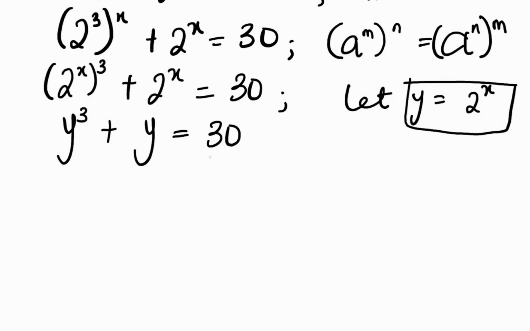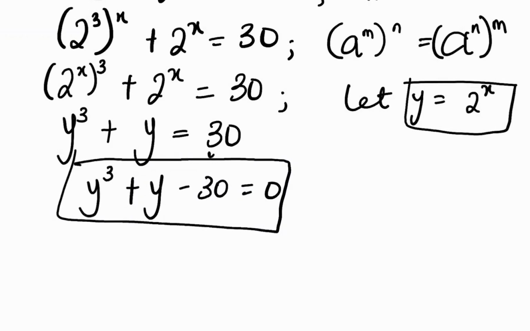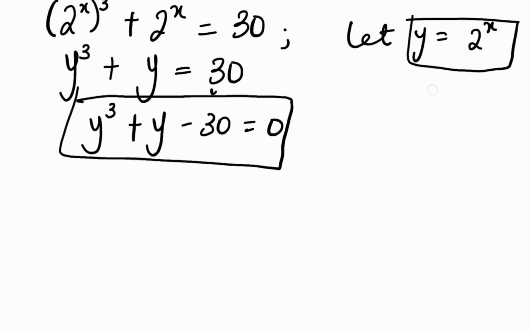So we can simply subtract 30 from both sides. So we have y power 3 plus y minus 30 is equals to 0. This particular function we have here is called a cubic function because the highest power of the unknown y is 3.